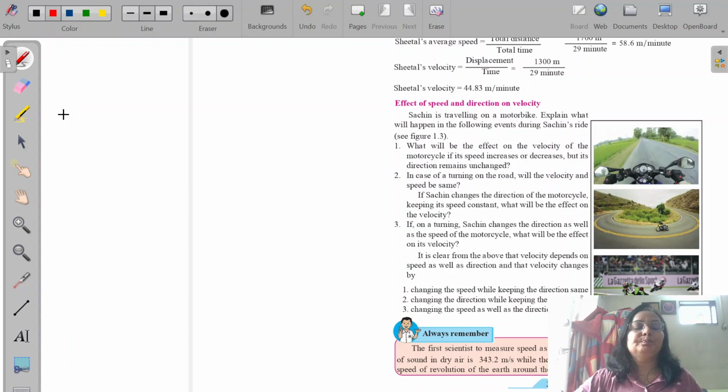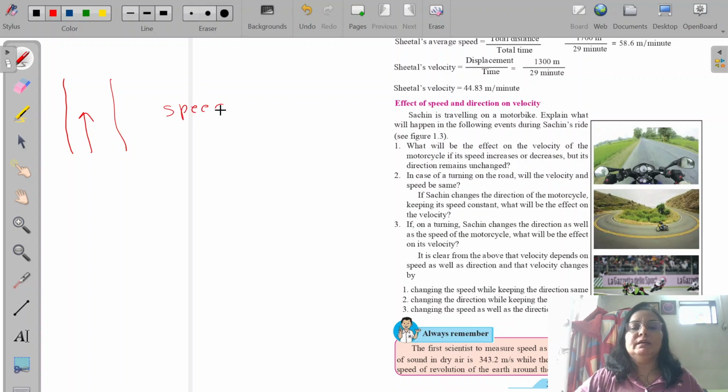Now suppose Prashant moves in a bicycle on a straight road. But he applies the brake and the speed slows down. So speed is changing.